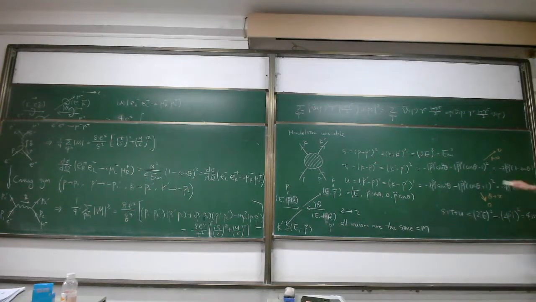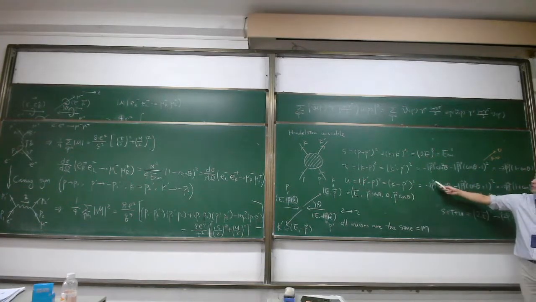So if all the masses are the same in the two scattering processes, it is 2e squared minus 2p squared. Okay. So I have to correct my lecture notes because here it's a bit confusing.